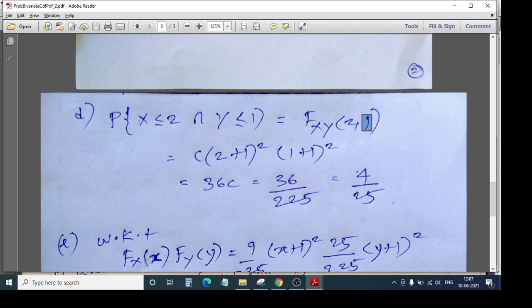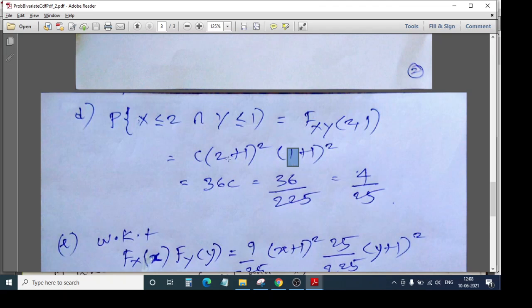So x here is what now? Small x is 2, small y is 1. So therefore we have written Fxy of 2 comma 1, and we already know your capital Fxy, which is the equation they have given. So this is nothing but c into x plus 1 the whole square, where the value of x is 2, y plus 1 the whole square, where the value of y is 1.